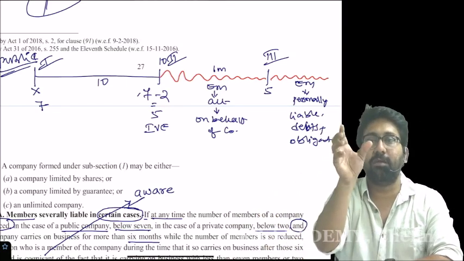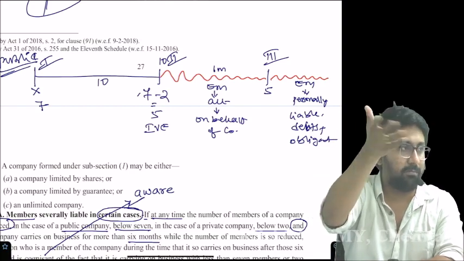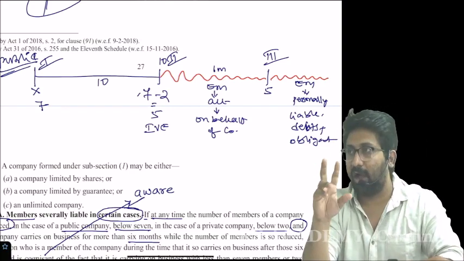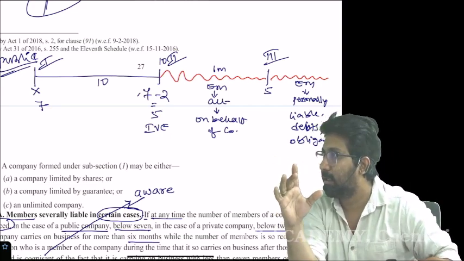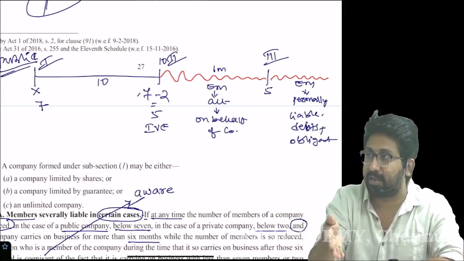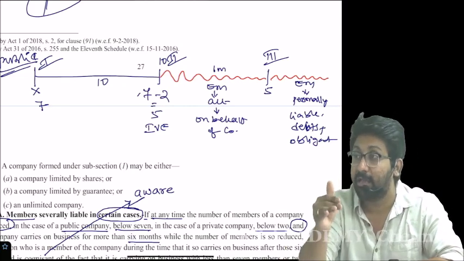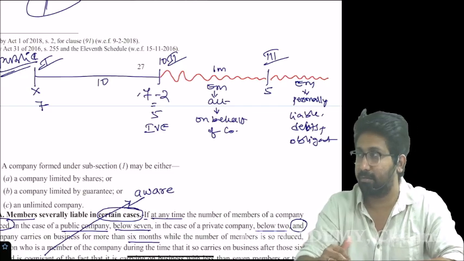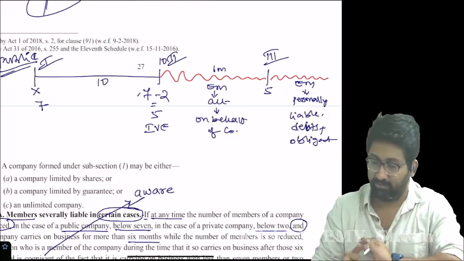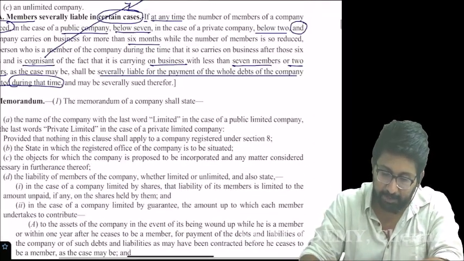Anyway, for 2 to 3, immunity is given. No problem, continue. But after 6 months, if you do something, who will become liable? Those members of the company who existed will be liable personally. Severally liable means personally liable. Clear, everyone? For all the debts contracted during that period.